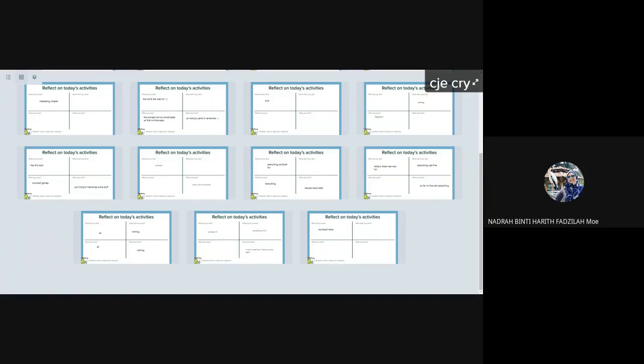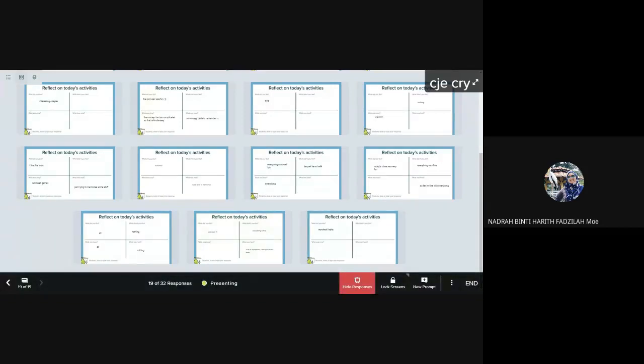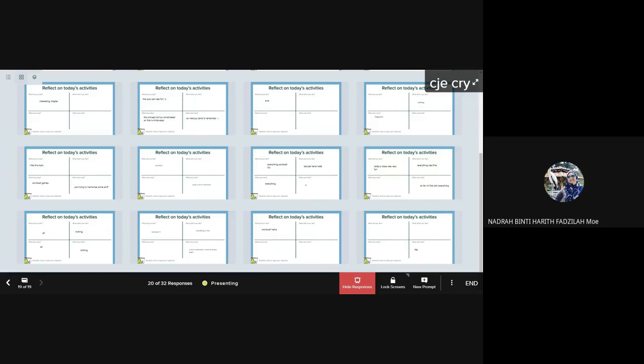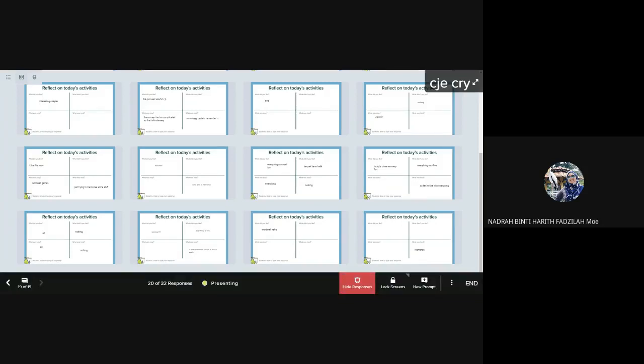Let me see what other reflections are here. A lot to remember, most of it because there is a lot to memorize. Hopefully the continuous access to the word wall can help you memorize. There are games there. Yes, Amirul, I agree, memorizing is part of learning biology.